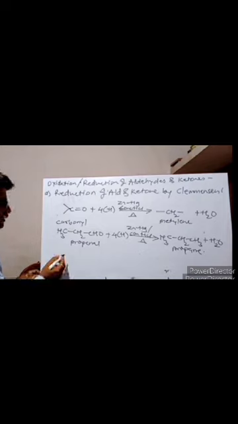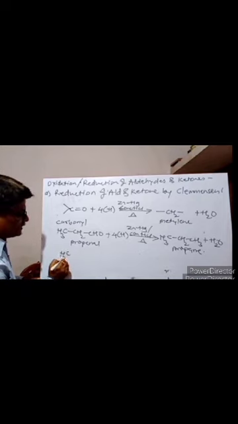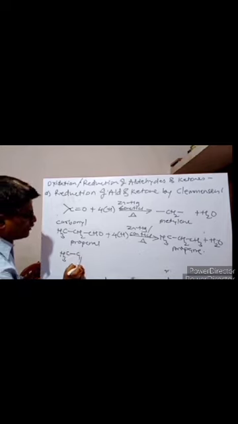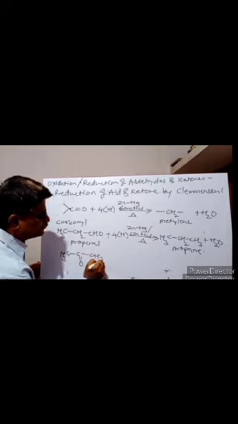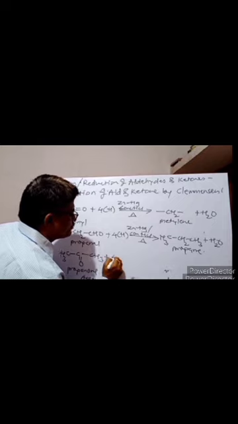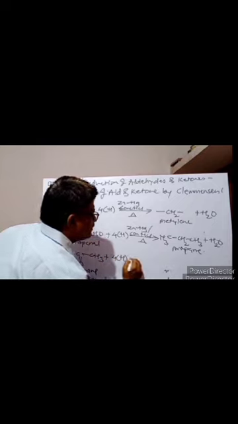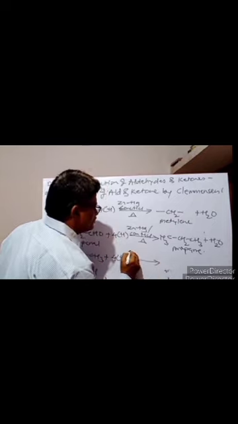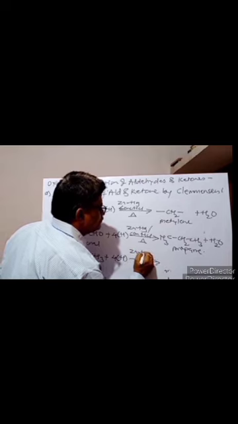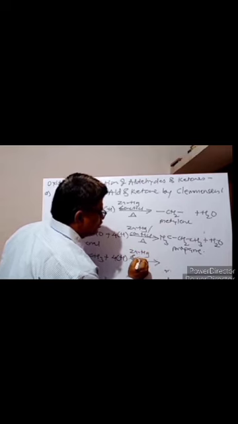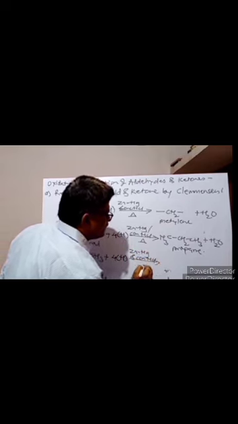Here is another example of a ketone. Acetone, or propanone, is taken. It is also reduced by nascent hydrogen in presence of the same zinc amalgam and concentrated HCl.